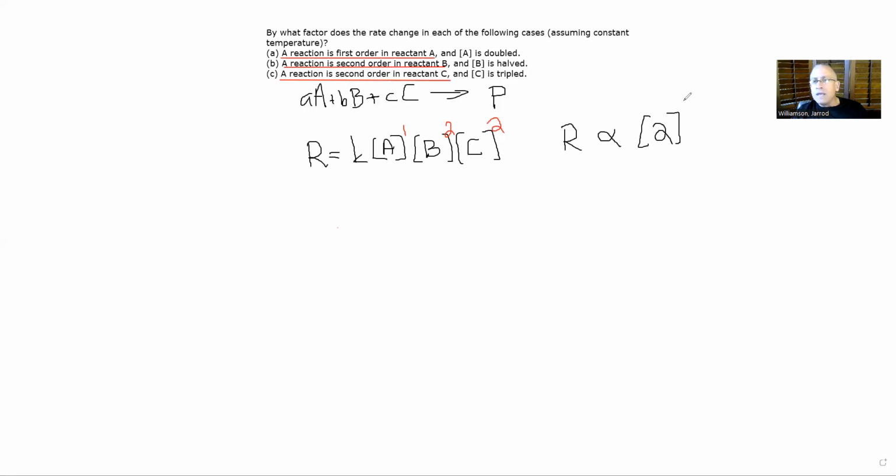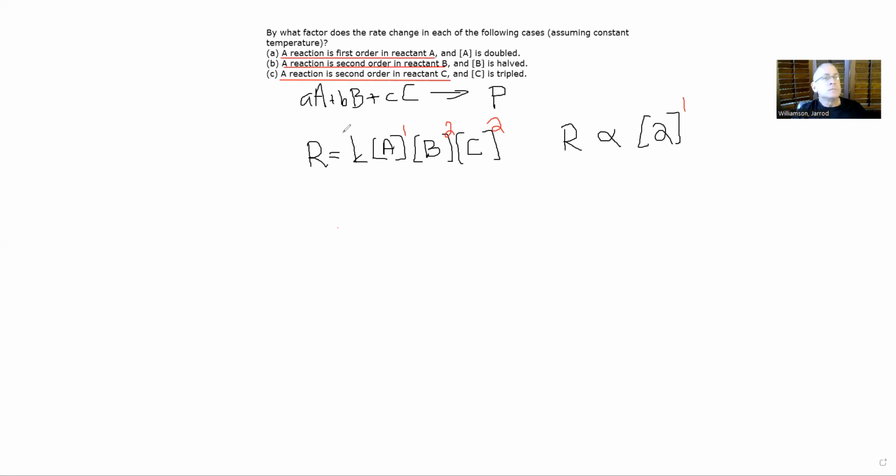And we know that it is first order in A. That means we have an effect of 2 to the 1 power. That means the rate of the reaction will be doubled. That's how you can interpret it.